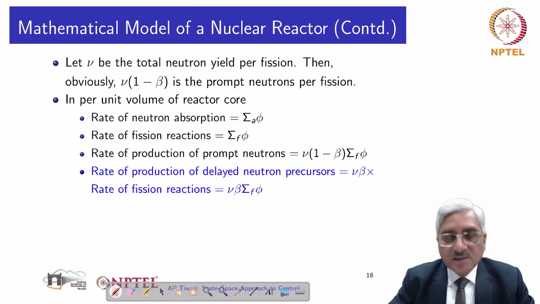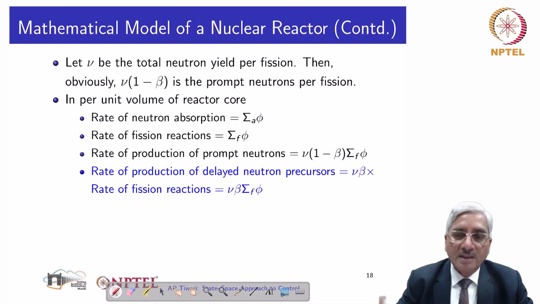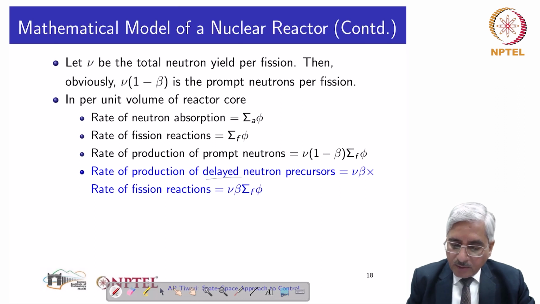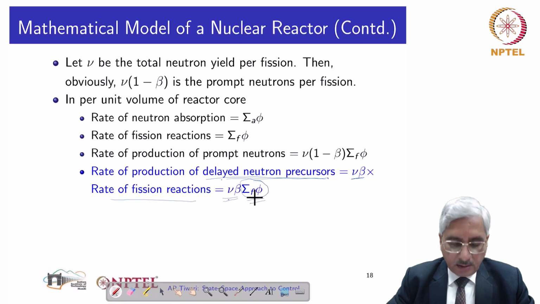Delayed neutrons, as I said, will come through decay of delayed neutron precursors, and that takes time. Of course the delayed neutron precursors are produced in that fission immediately, and that will be nu beta times rate of fission. Rate of fission is sigma f times phi, and nu beta times sigma f phi is the rate of production of delayed neutron precursors.